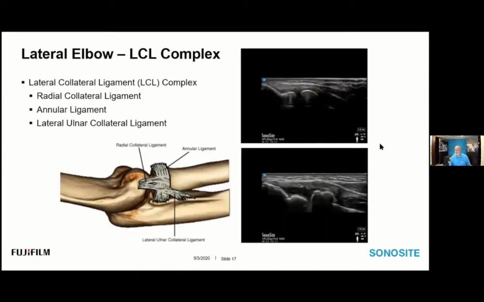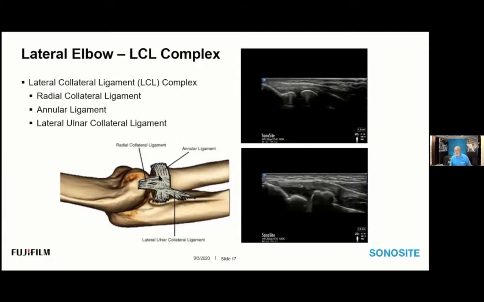The lateral collateral ligament construct is made up of the radial collateral ligament, the annular ligament, and the lateral ulnar collateral ligament. The LCL inserts on the lateral epicondyle proximally and interdigitates with the annular ligament.